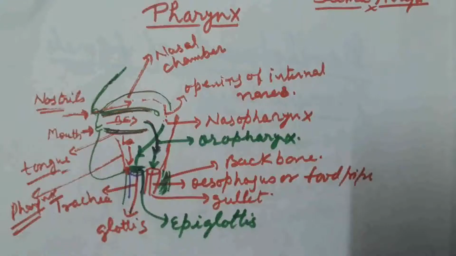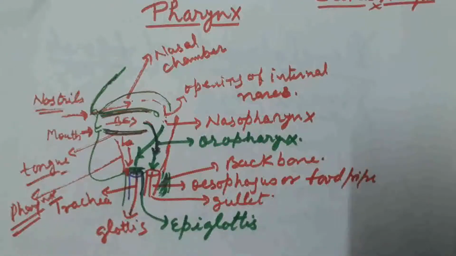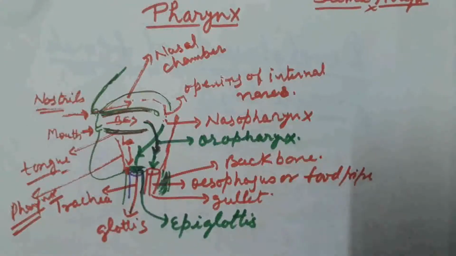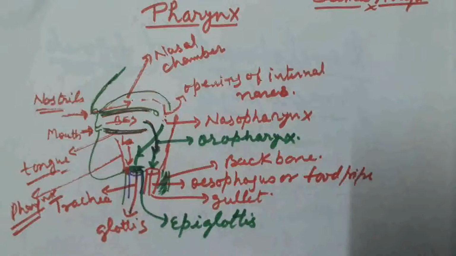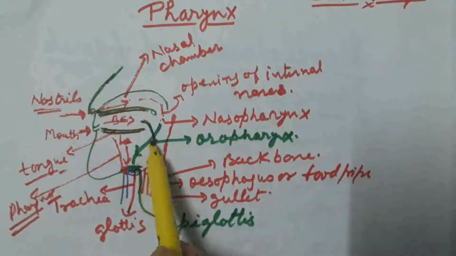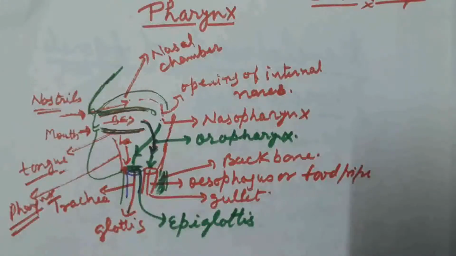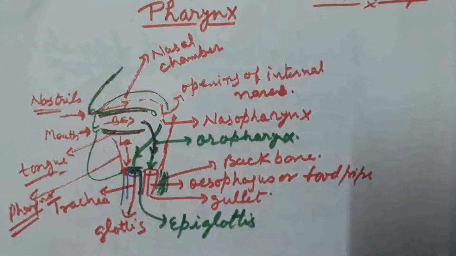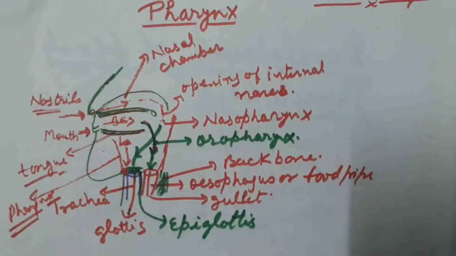The nasopharynx region is lined with ciliated columnar pseudostratified epithelium, and the oropharynx region is lined with non-keratinized stratified squamous epithelium, and the laryngopharynx region of the pharynx is lined with non-keratinized stratified squamous epithelium.